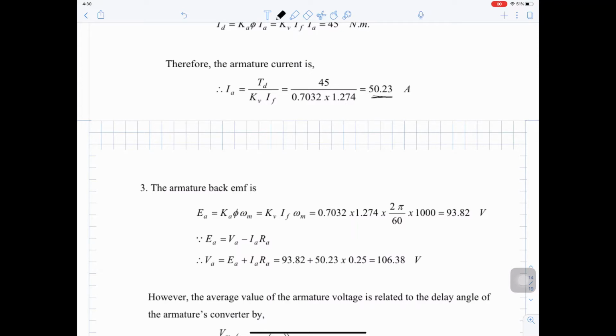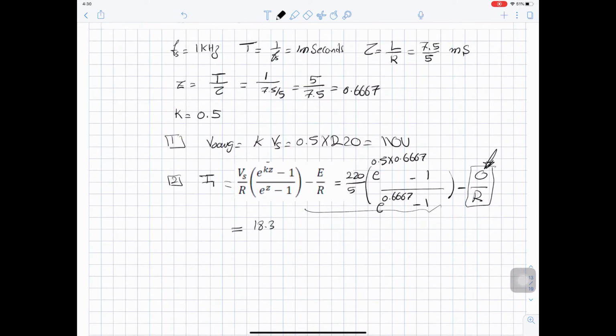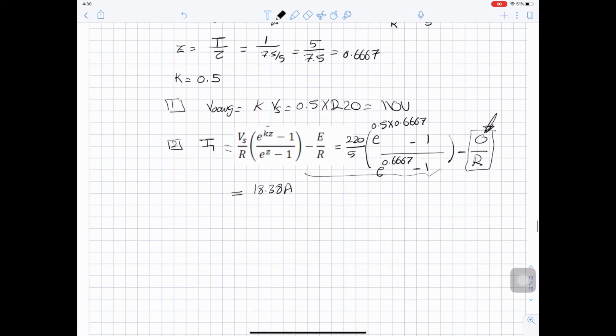So I1 equal to 18.38 ampere. Then we can find I2.